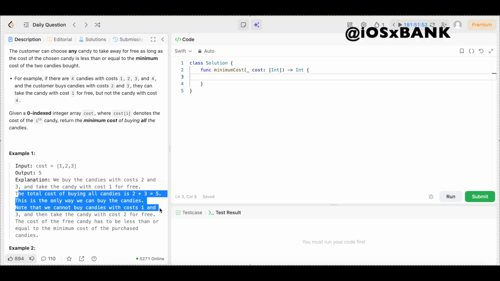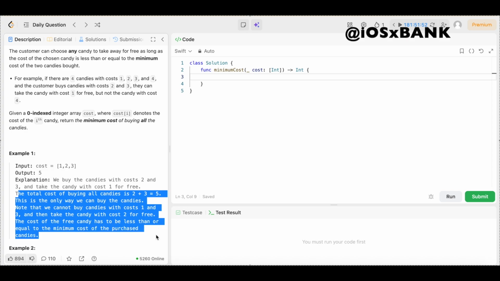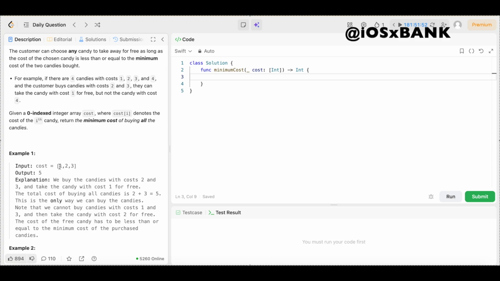Note that we cannot buy candies with the cost of 1 and 3 and then take the candy with 2 for free. The cost of the free candy has to be less than or equal to the minimum cost of the purchased candies. They're just telling us that we cannot purchase this candy and this candy to get the cost cheaper, because if we purchase those, the minimum cost between the 2 candies would be 1.